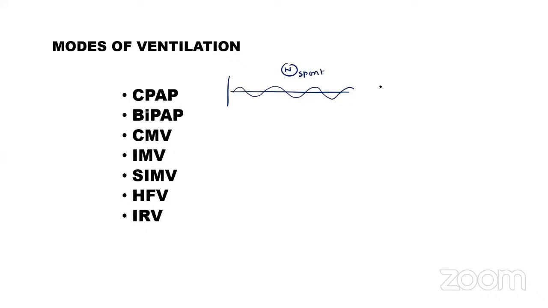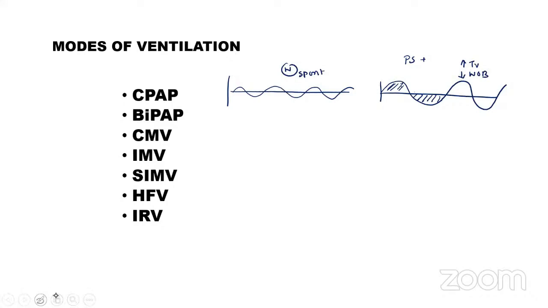Now, if I apply a CPAP, we are actually providing pressure support to this. So what happens? The tidal volume increases. That is the advantage. So CPAP is applying pressure support for a spontaneously breathing patient so that there is an increase in tidal volume and a decrease in work of breathing.